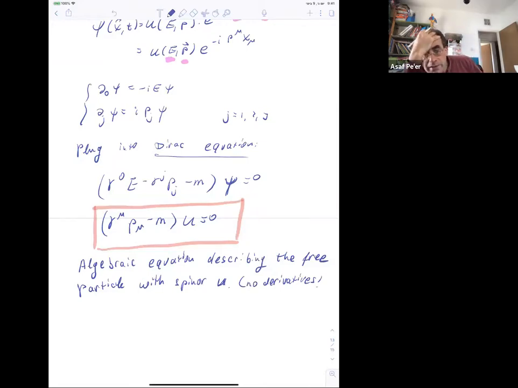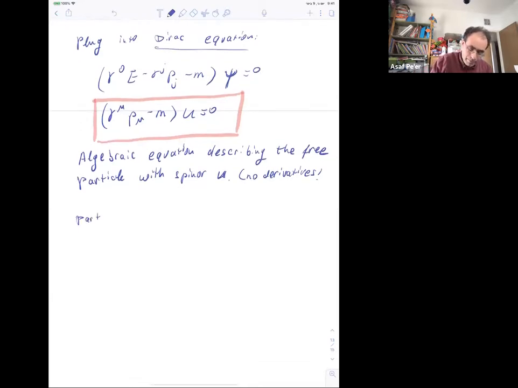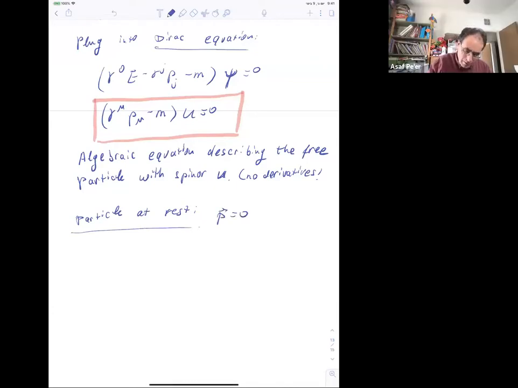So let's start with something simple. Let's consider first a particle at rest. What do we know about a particle at rest? The momentum is 0. So psi is u of E and 0, times e to the minus i E t.